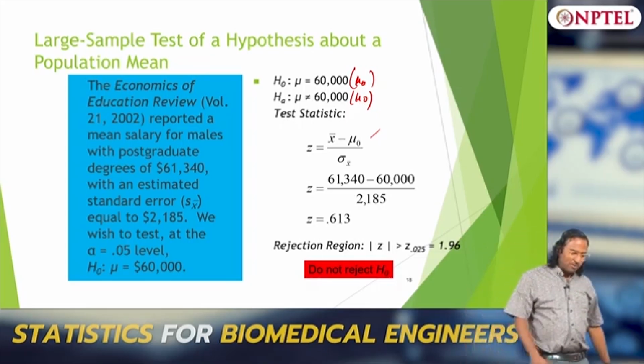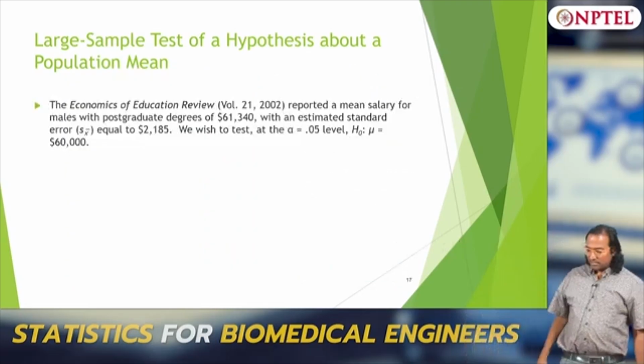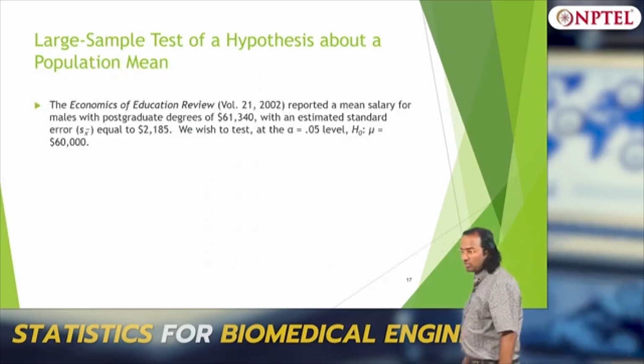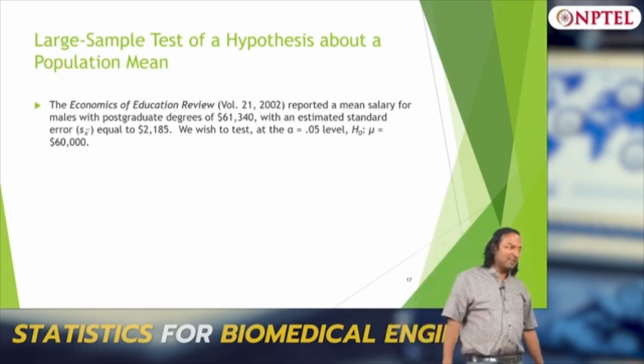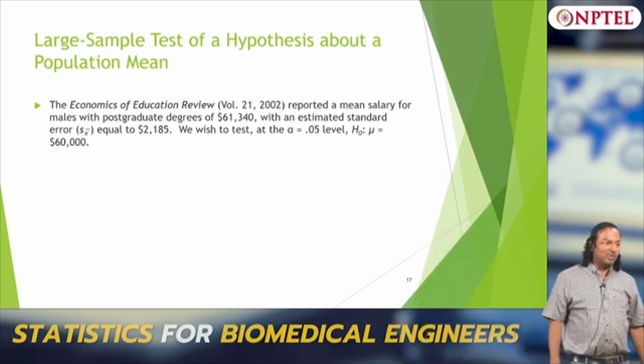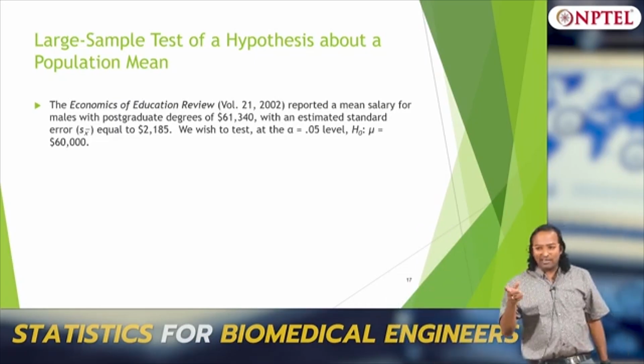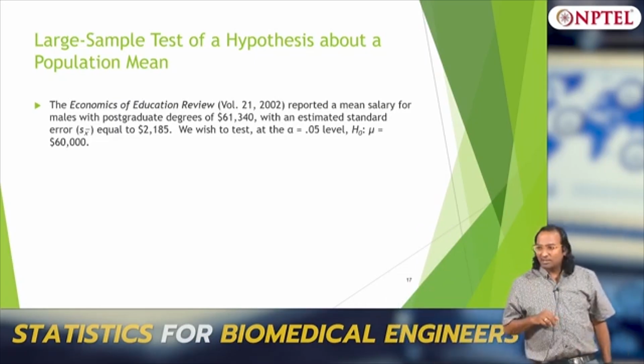From looking at the problem only you should have an idea why. The change in mu average is around 1340, and the standard error is 2000 plus, so that itself should give you an idea whether you will be able to reject or accept the null.